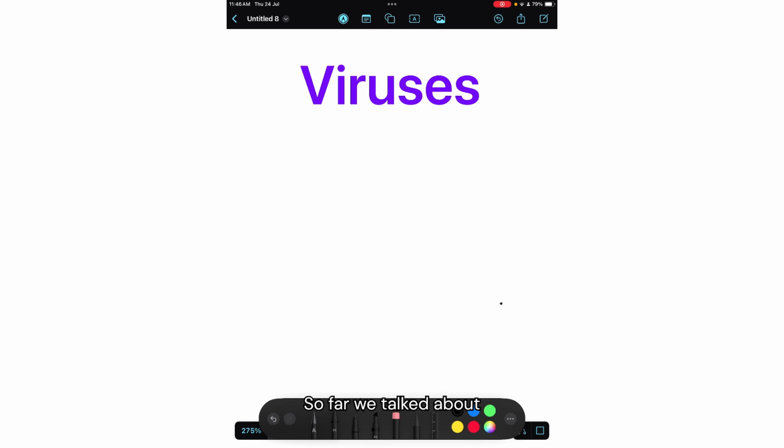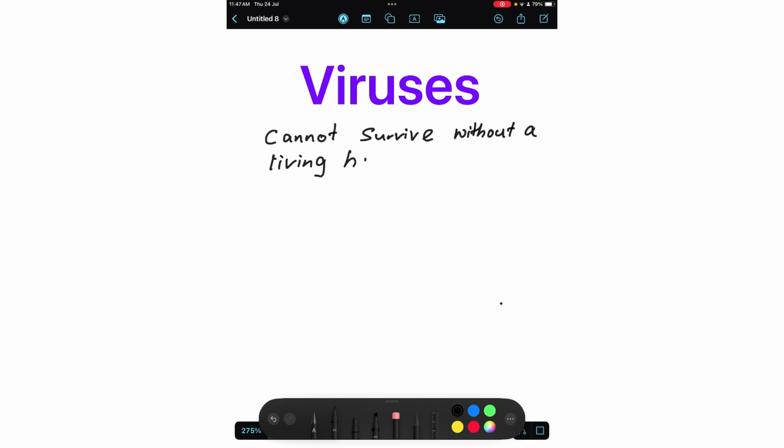So far we have talked about bacteria and fungi, and the third type is viruses. The specialty of viruses is that they are microorganisms that cannot survive without a living host.